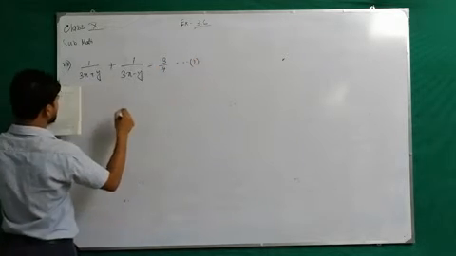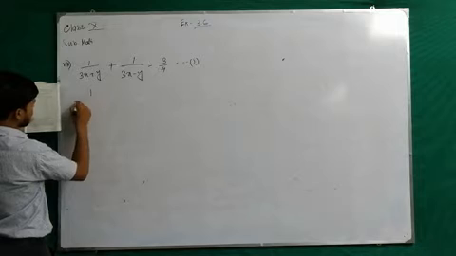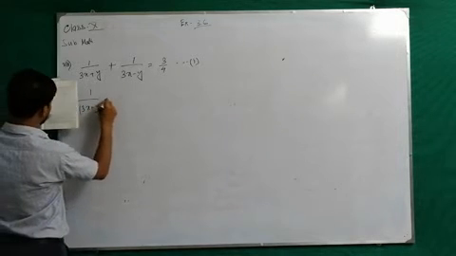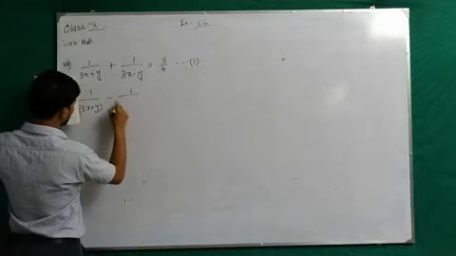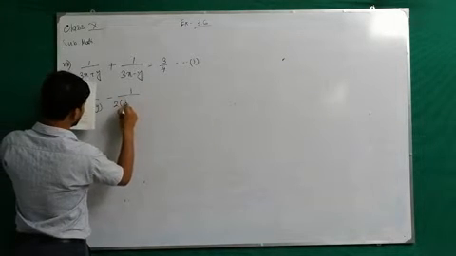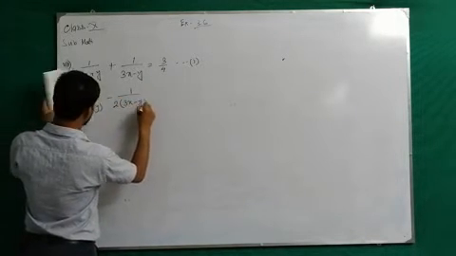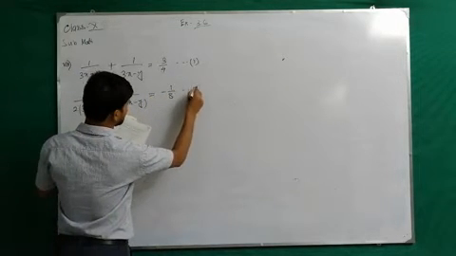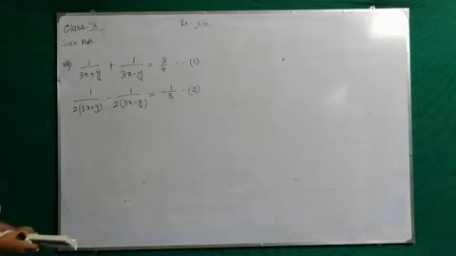This is the first equation. And the second equation is 1 by 2 into 3x plus y minus 1 by 2 into 3x minus y is equal to minus 1 by 8. This is our second equation. And we have to solve these two equations by any algebraic method.